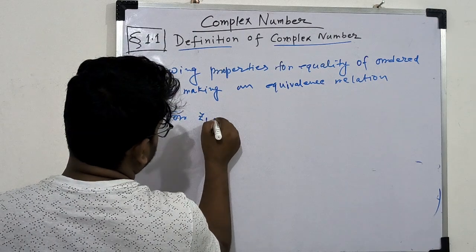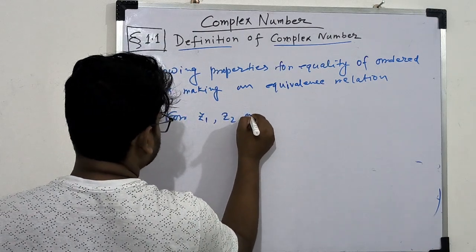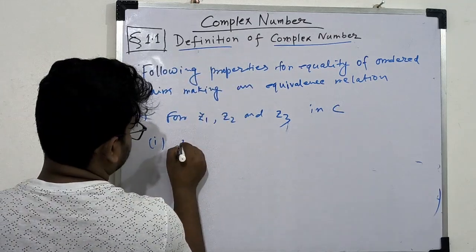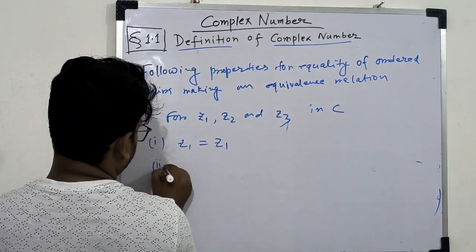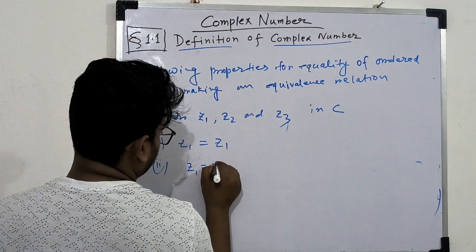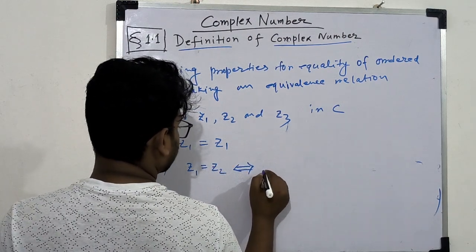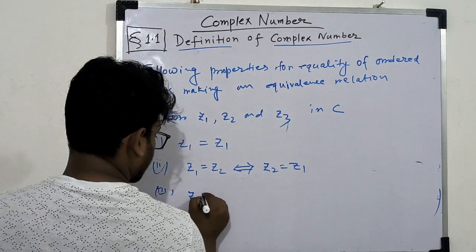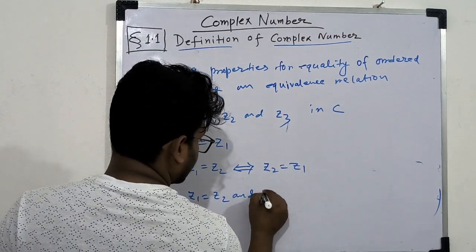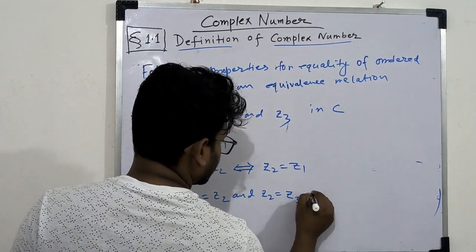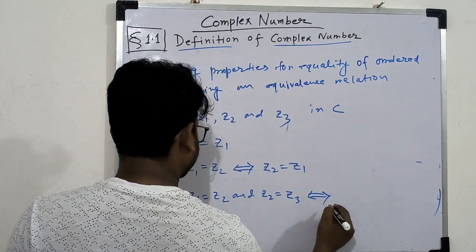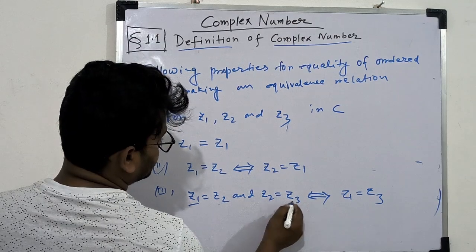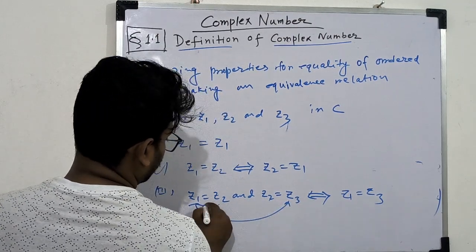For z1, z2 and z3 in C, one is z1 equals z1, two is z1 equals z2 implies and is implied by z2 equals z1, and third one is if z1 equals z2 and z2 equals z3, then z1 equals z3.